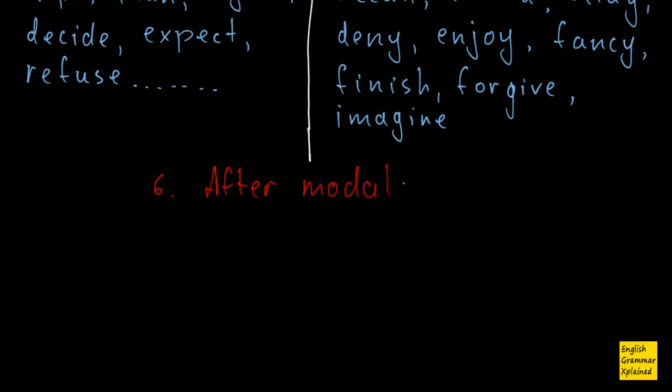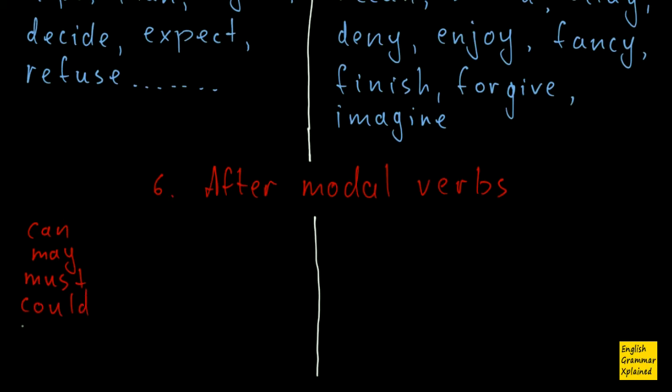How can it be? Well, of course we use infinitive after modal verbs. We use modals like can, may, might, must, could, should, and others, and then we put the so-called bare infinitive, that's infinitive without to.